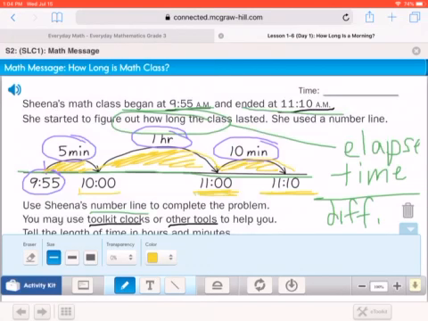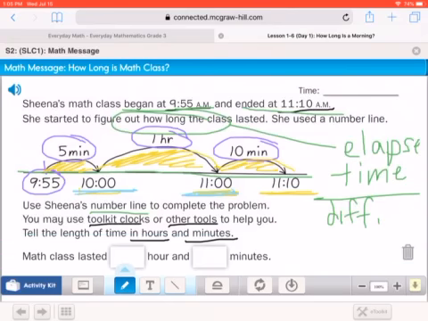So, what familiar times did she use? Okay, so she got to 10 o'clock, just like 2 o'clock was a time that I like to work with on the previous page. She got to 10 o'clock and then 11 o'clock. Those are familiar times. She knew that they were 1 hour apart. Okay? So now, how are we going to find the total?